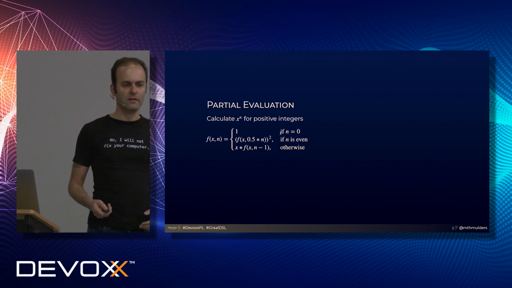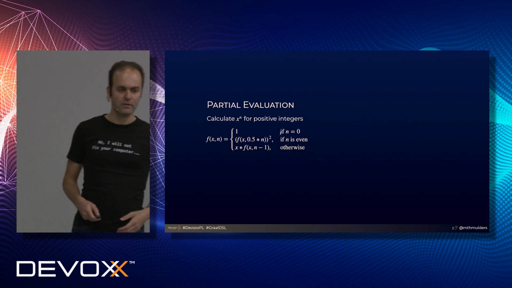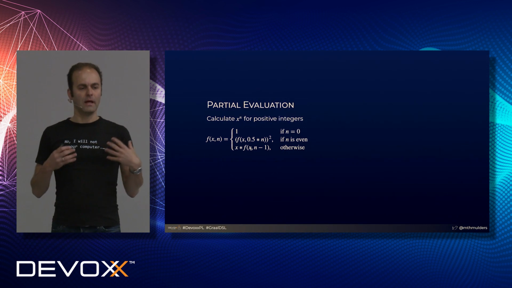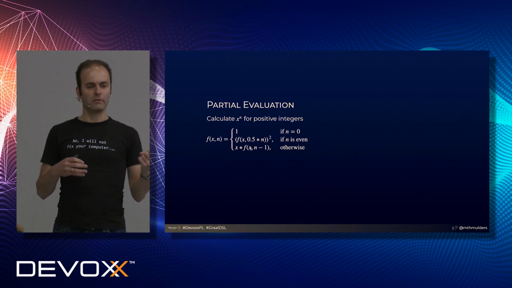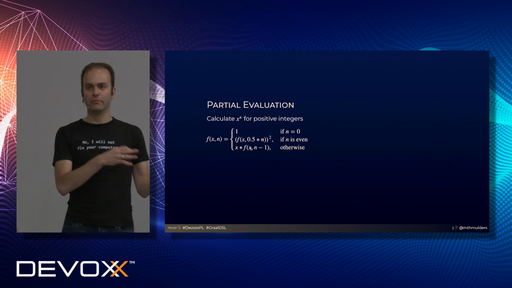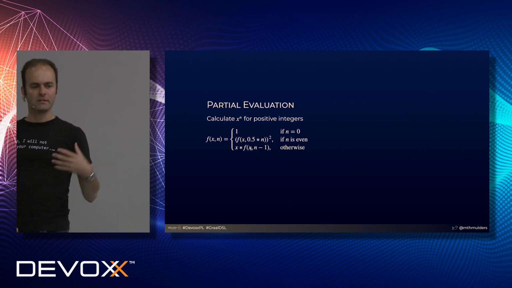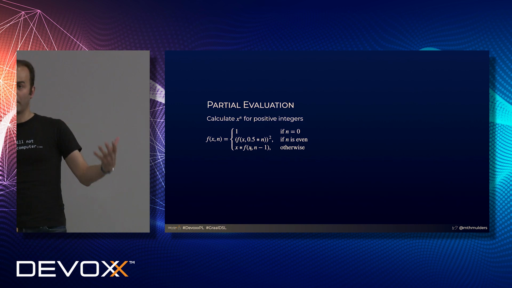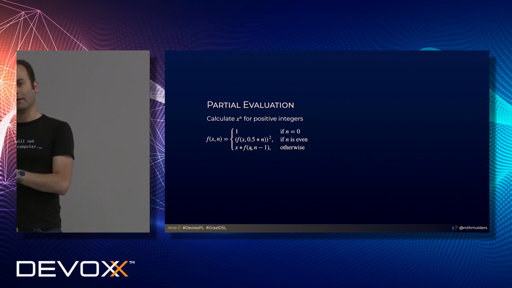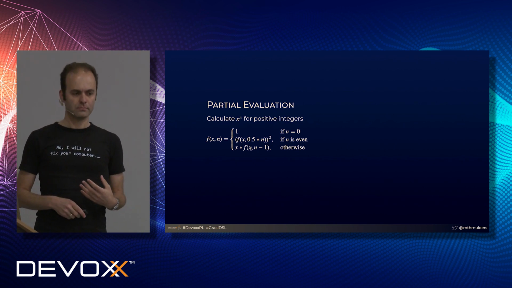And then finally, if n is not 0 and it's also not even, then the program is x to the power of n minus 1 multiplied with x. Also a basic mathematical rule. And this describes how we can calculate x to the power of n for any values of x and n, given that they are at least positive integers.